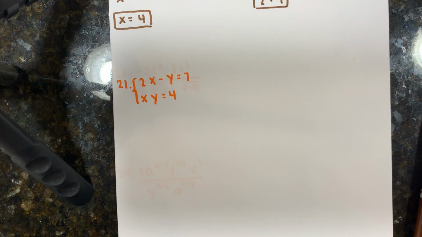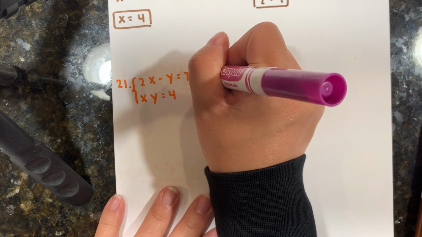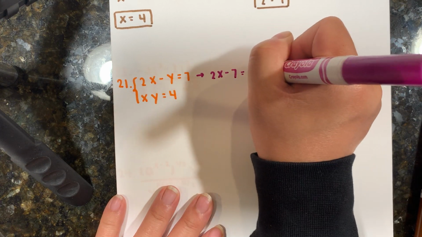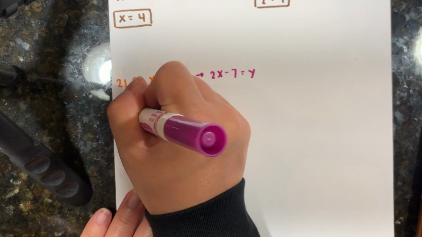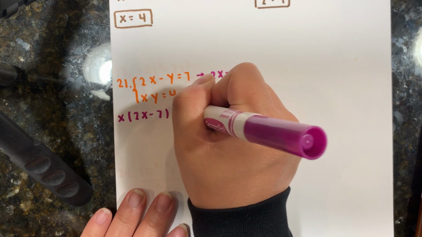Now looking at number 21, I'm actually going to solve the top equation for y, moving the y to the right and the 7 to the left. So it would be 2x minus 7 equals y. So it would be x times (2x minus 7) equals 4.